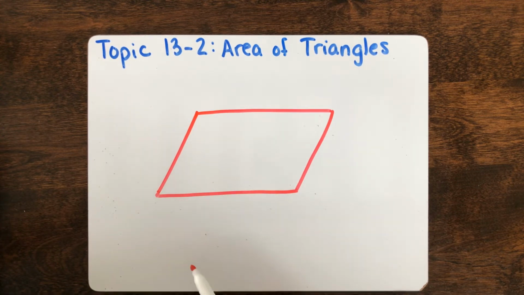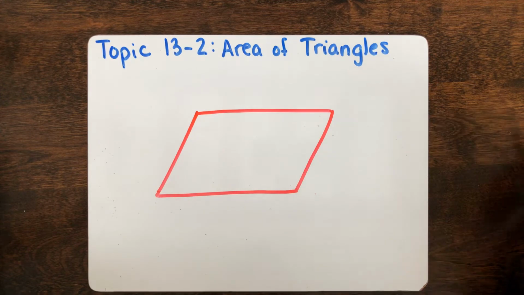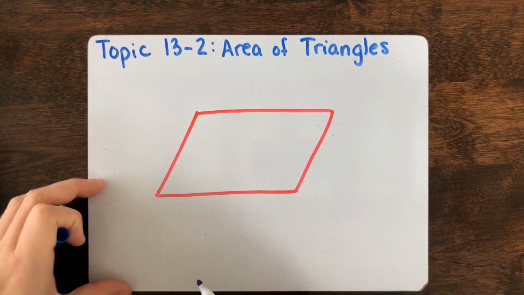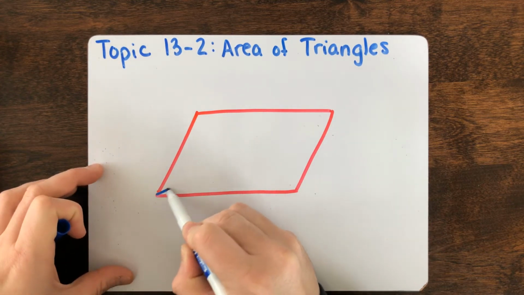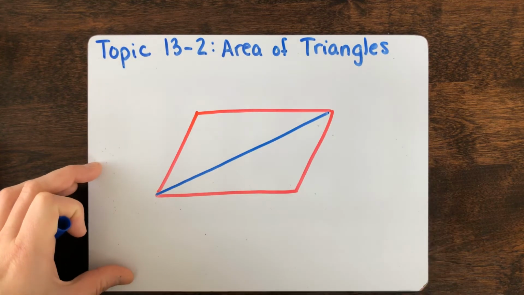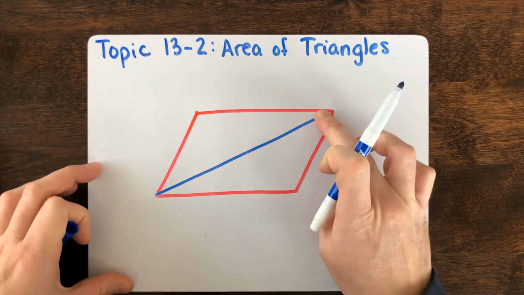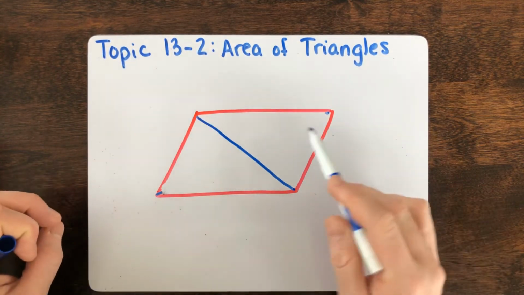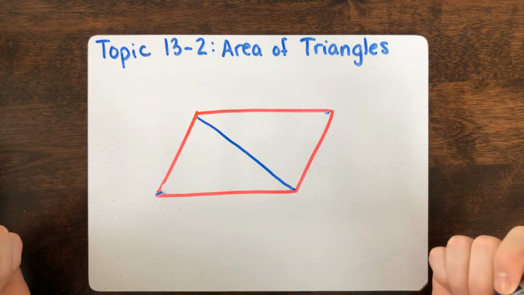So right now what I want you guys to do is to try to imagine how you can split up this parallelogram into 2 triangles. So what do you think you can do? So what I see is that I could split this parallelogram into 2 triangles by splitting it like that. Or you might have thought the other way, this way. Either way, you still get 2 triangles, okay?